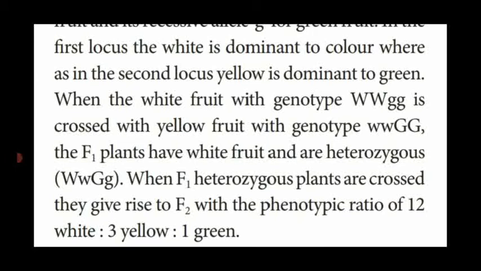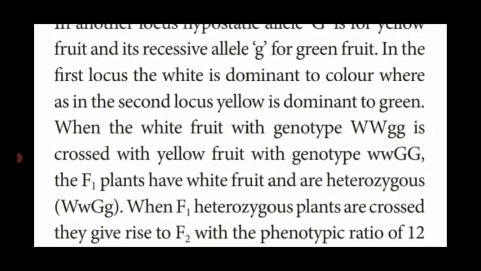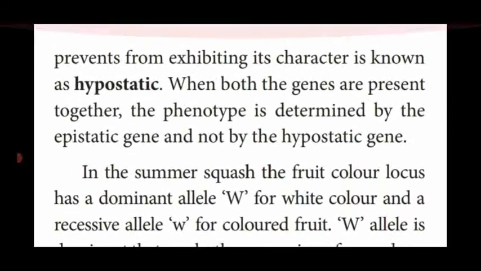They give rise to an F2 phenotypic ratio of 12:3:1. That is 12 white color fruit, 3 yellow color fruit and 1 green color fruit. So 12:3:1 is the ratio of dominant epistasis.